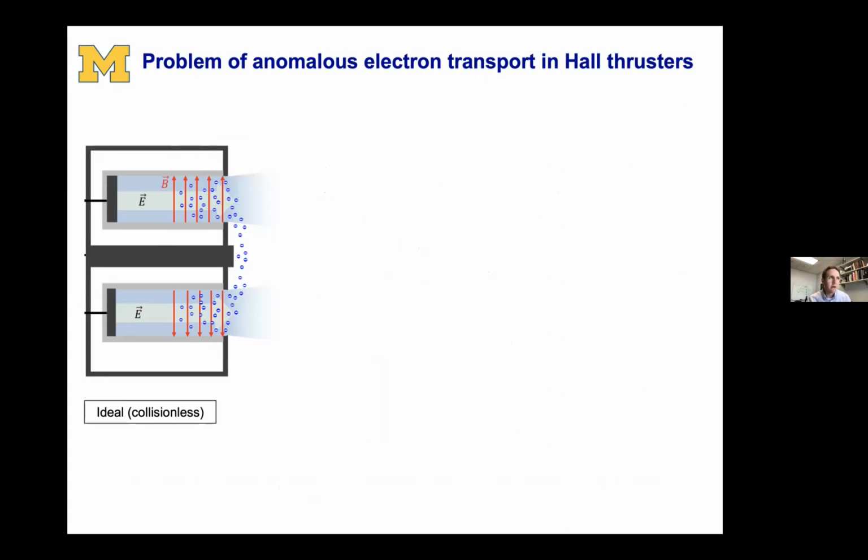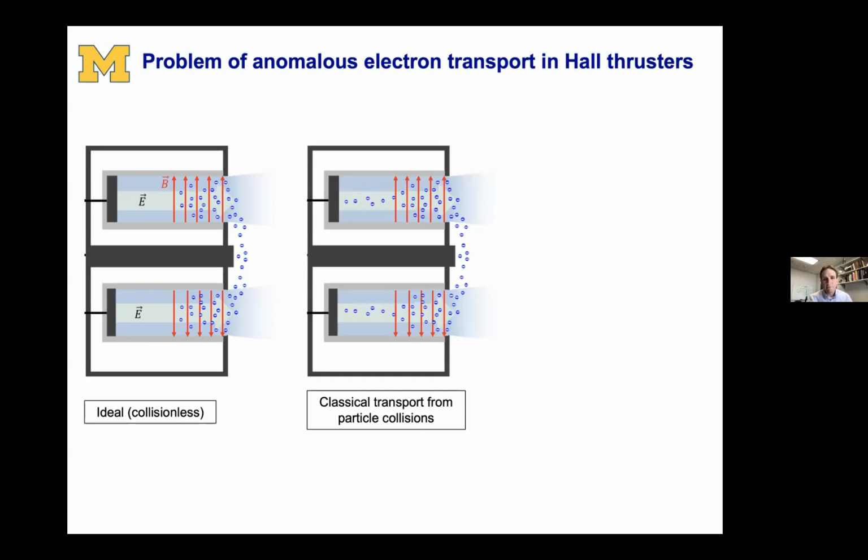In principle, in a collisionless plasma, those electrons would be trapped indefinitely in this azimuthal drift. I've lost the three-dimensional element here, but just envision those electrons undergoing Larmor precession as well as azimuthal drift into and out of the page, circling around that discharge channel. In practice, classically, those electrons will not stick to those magnetic surfaces indefinitely.